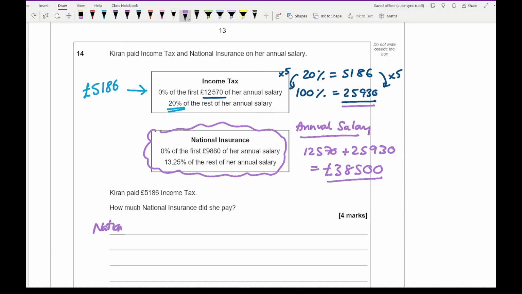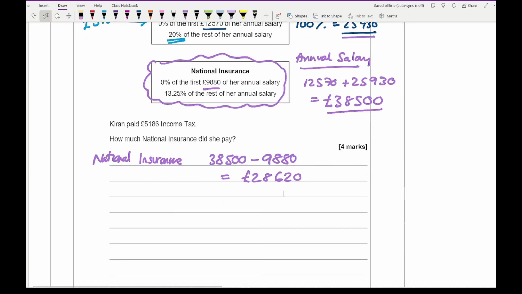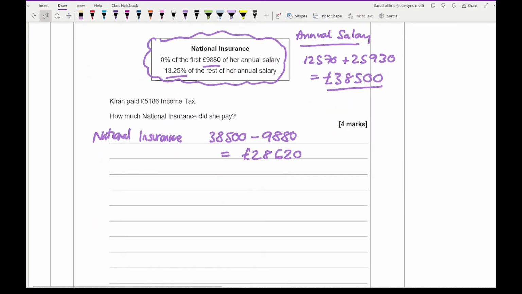So the national insurance, well, we know that it says the first 9,880 is going to be tax-free. So 38,500 minus 9,880 is going to give me an answer of 28,620. Now for this, what we then need to do is work out 13.25% of this.